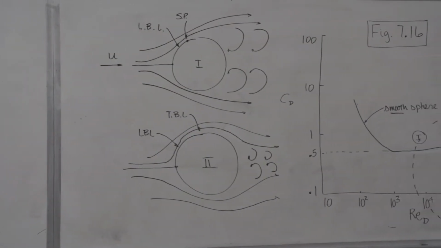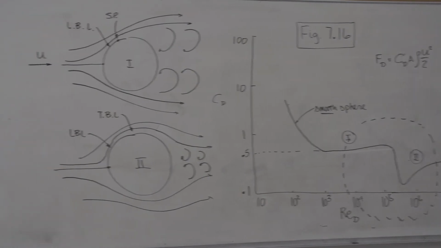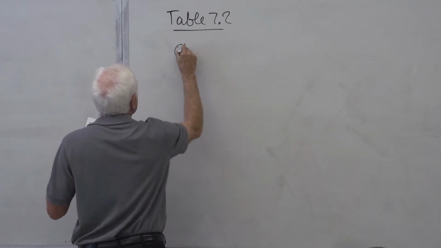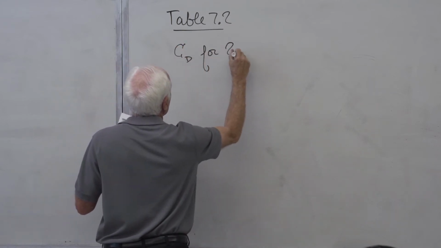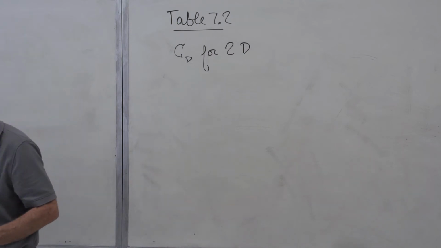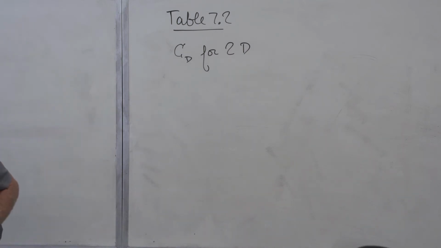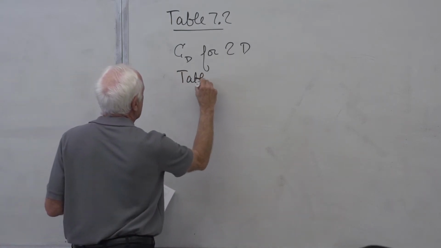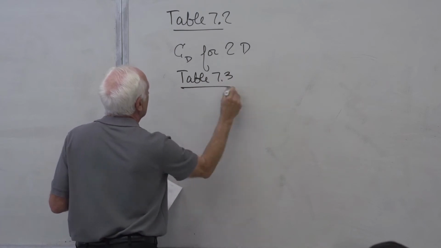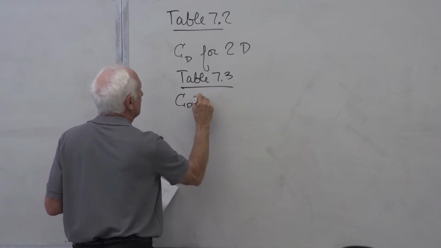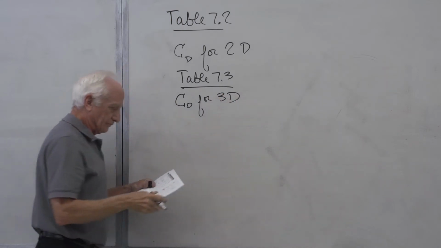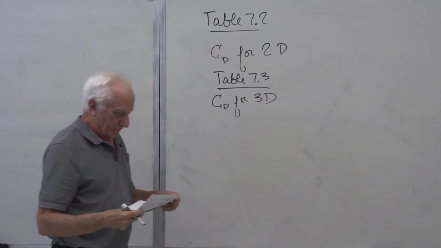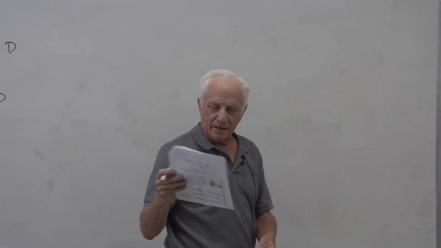You also have table 7.2, C sub D for 2D objects. And then you've got table 7.3, C sub D for 3D objects. And they're very similar to what I have on the second page of the handout.